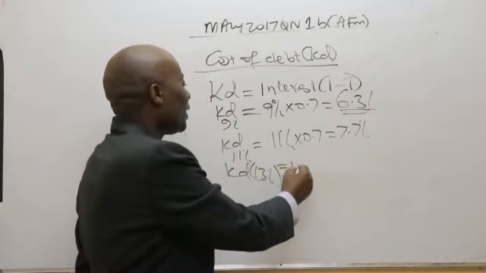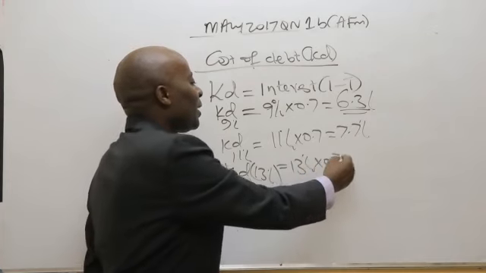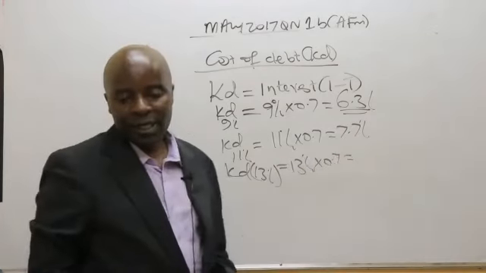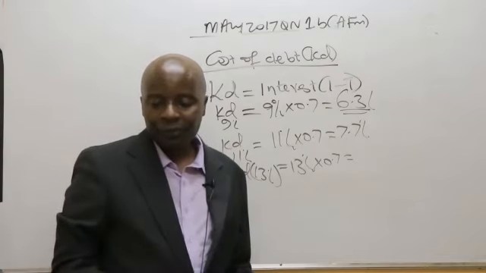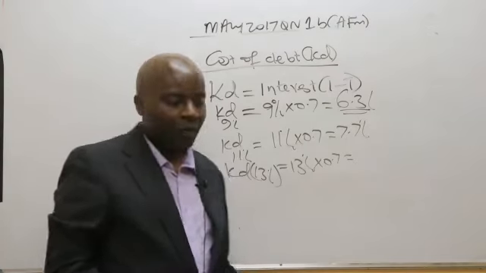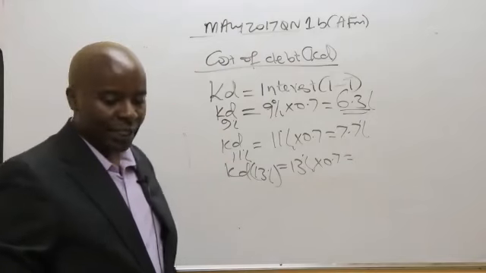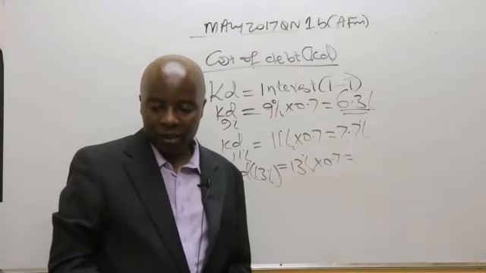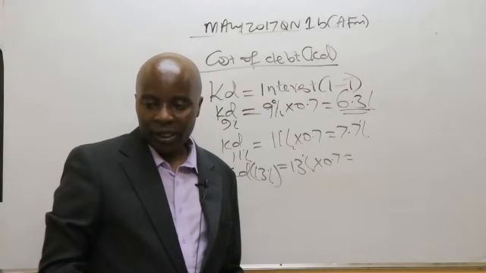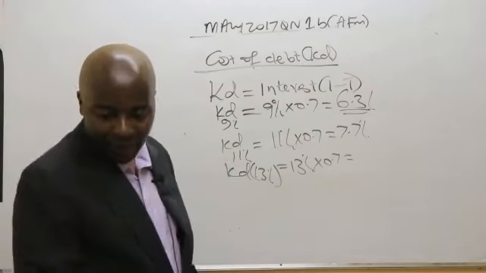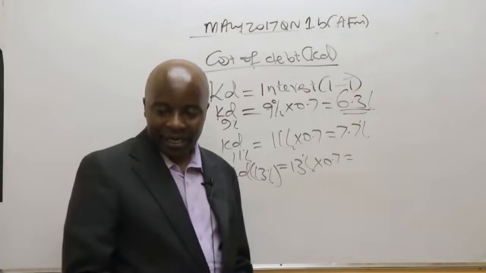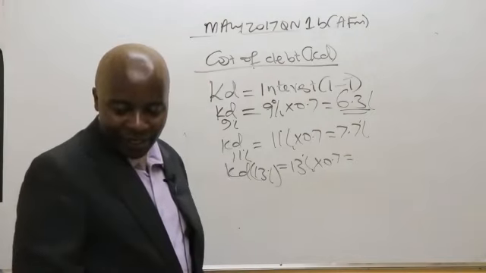So we have 13% times 0.7. This will end up giving us 9.1%.